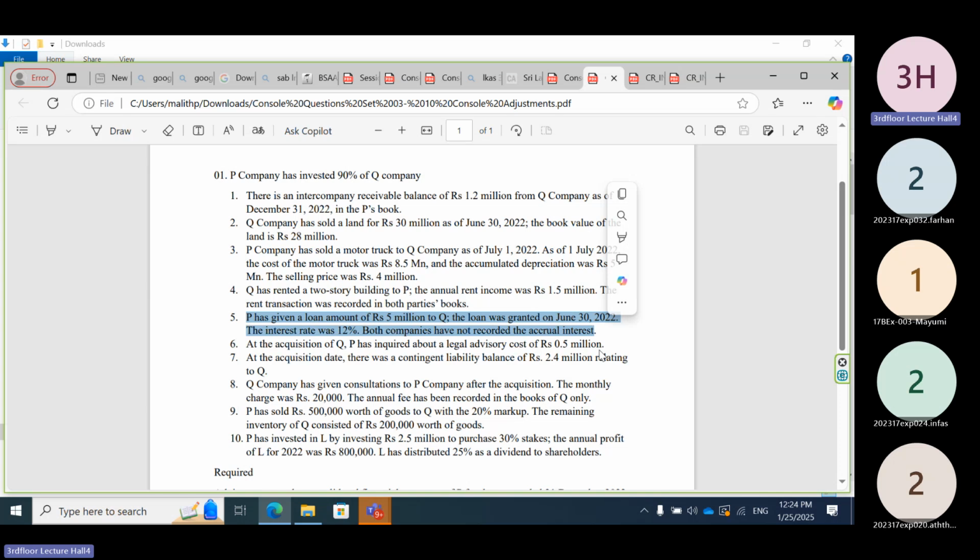Under P&L you have interest income, interest expense. Let's say 1 million here, 1 million here. What do you have to do? You have to eliminate from interest income and interest expense. Interest income debit, interest expense credit. Right? You need to eliminate both ends. Right?